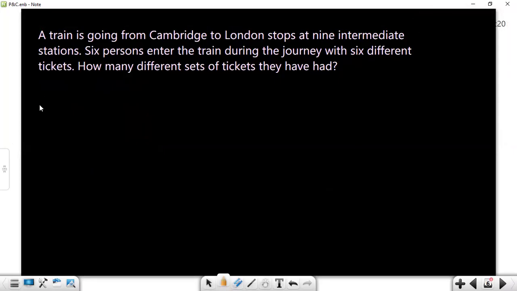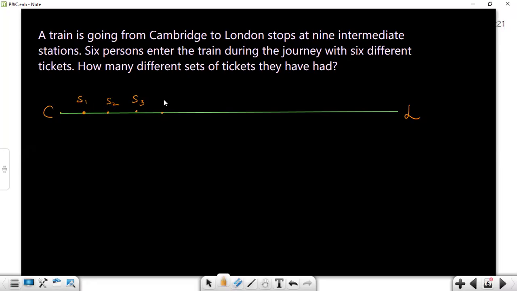So a train is going from Cambridge, let's write C for Cambridge, and is going to London. Okay, so let's draw the track. That's a track. Now there are 9 stations available. So let's write S1 for station number 1, S2 for station number 2, S3, S4, S5, S6, S7, S8, and S9.